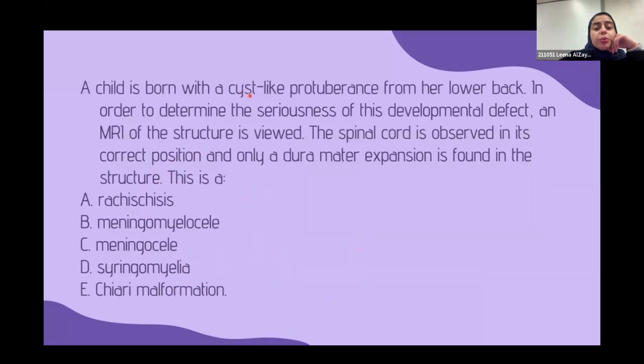A child is born with a cyst-like protrusion from her lower back. In order to determine the seriousness of this developmental defect, an MRI of the structure is viewed. The spinal cord is observed in the correct position, and only a dura mater expansion is found in the structure.